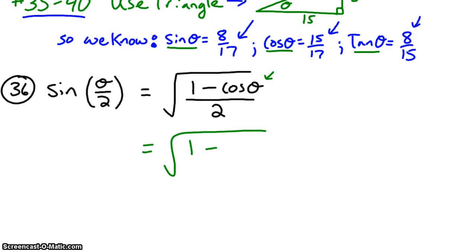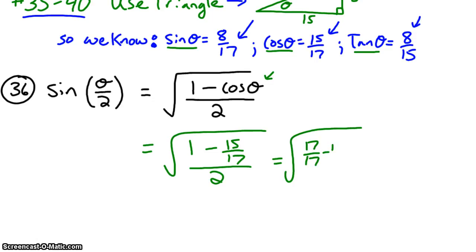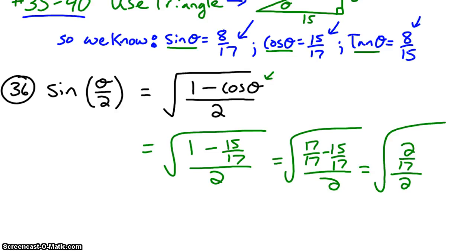My cosine theta is 15 over 17, and this is all over 2. If I work the problem, I'm going to want a common denominator on top, so I will have, without skipping a step, 17 over 17 minus 15 over 17, and this will be divided by 2. Or it will leave me with 2 over 17 all divided by 2.